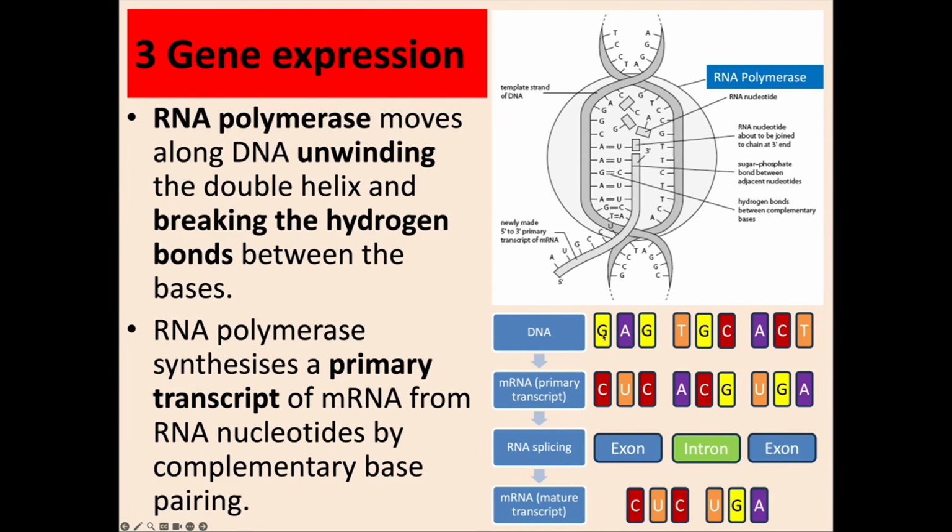To give you a visual, I've done a wee handmade version here where I've got a DNA sequence, just some random letters, and this is what the mRNA primary transcript would look like using complementary base pairing with RNA nucleotides. G goes with C, just as it always has. But the A from the DNA goes with U in the mRNA primary transcript. The T in the DNA still goes with A. And again, A goes with U, and T still goes with A.